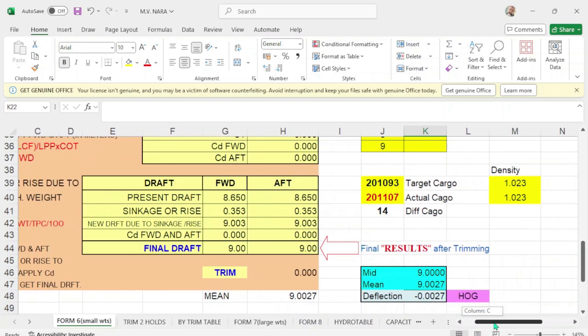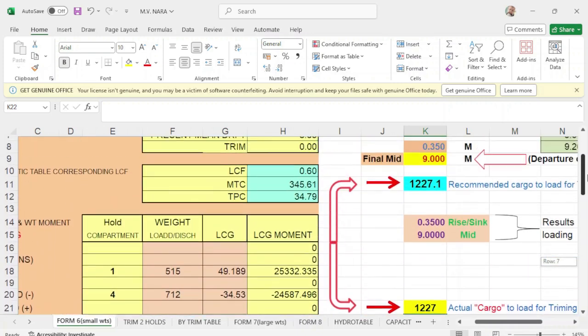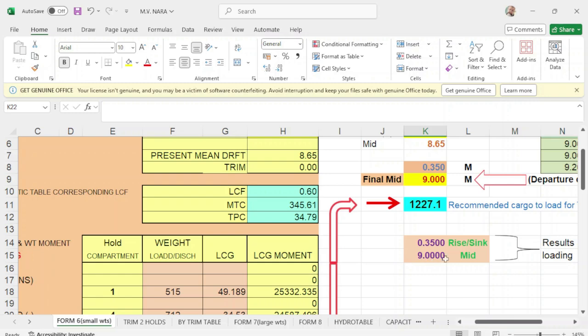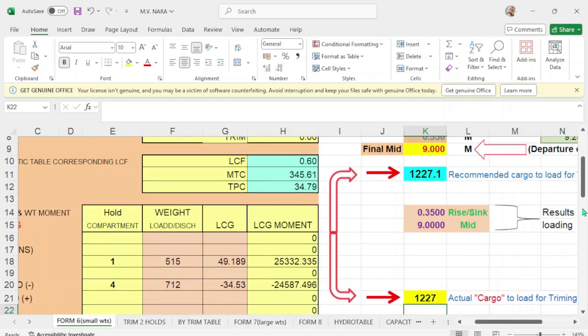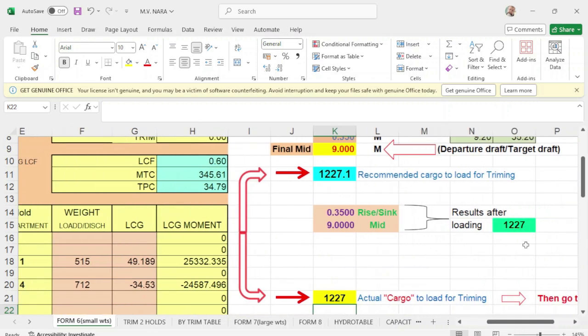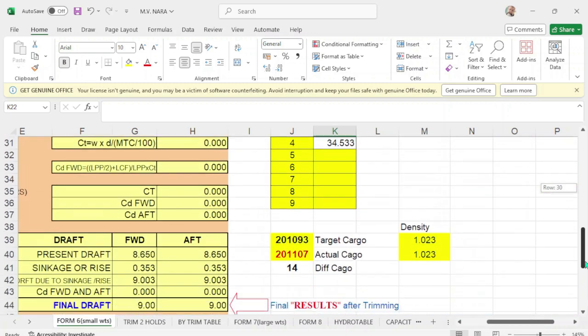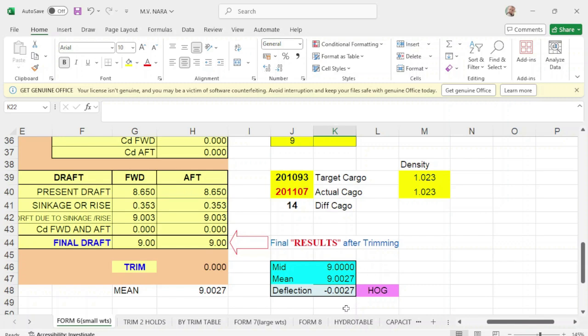So how did I get this mid here? This is this one which I put. When you have loaded 1227, you have 9 meters your departure. That will be this one, 9 meters, and your mean drop is this one. So they have 0 deflection. Okay, now let's go to the trim table.